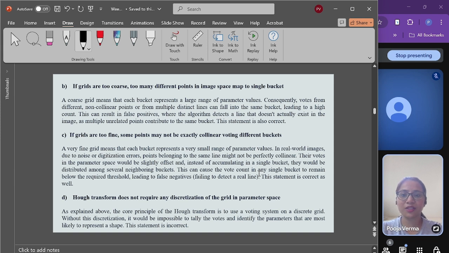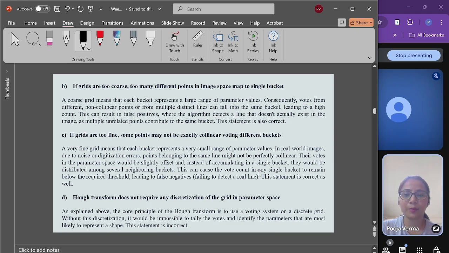And our next one is: if grids are too fine, some points that are not exactly collinear may vote for different buckets. So it is also a possible case. A very fine grid means that each bucket represents a very small range of parameter values. In real-world images, due to noise or discretization error, points belonging to the same line might not be perfectly collinear.